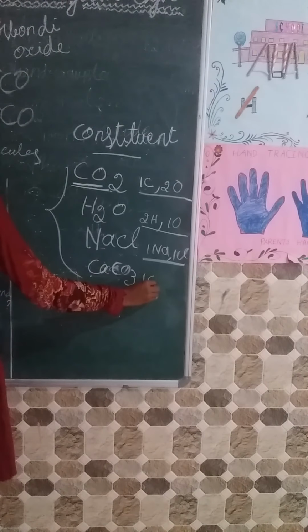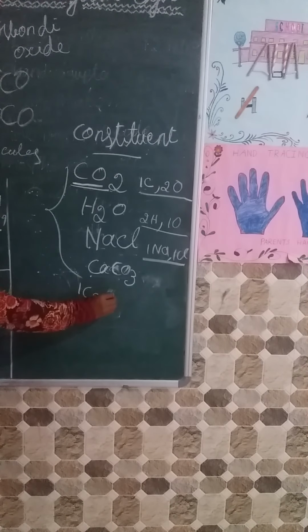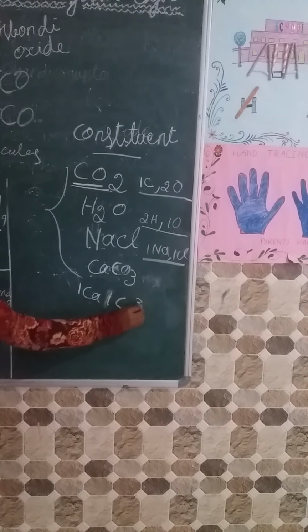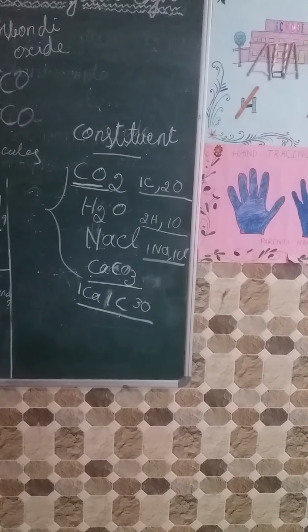Then here one calcium, one carbon and three oxygen. Okay, so this is the constituent of calcium carbonate.